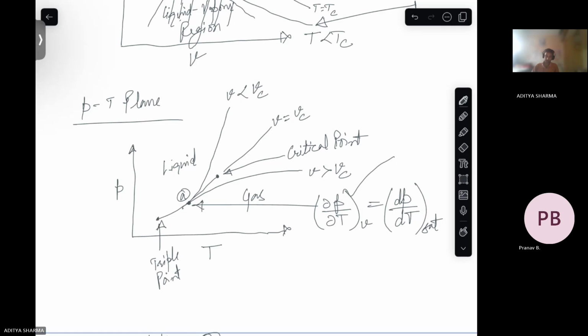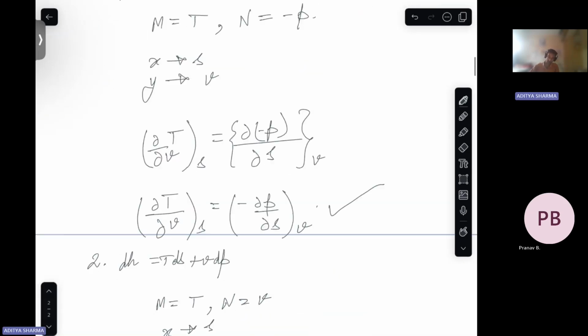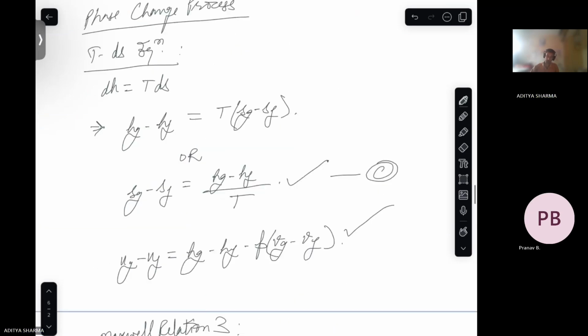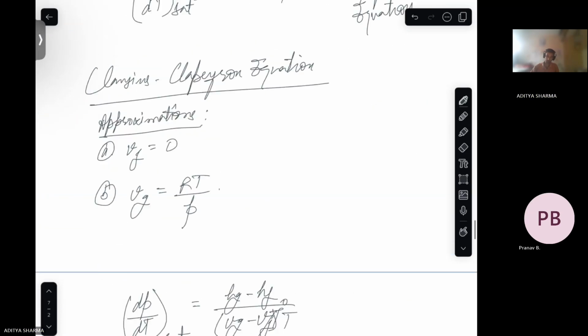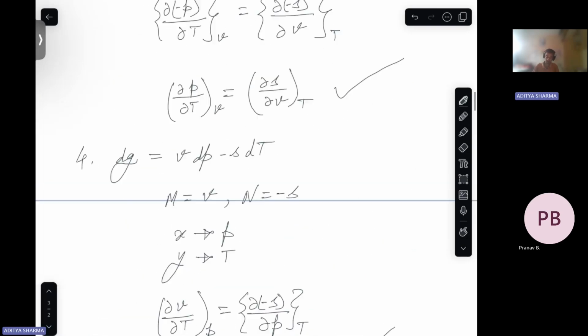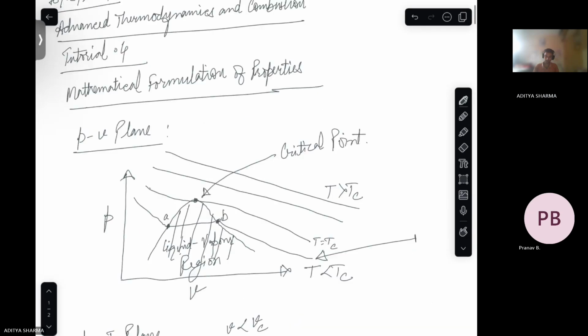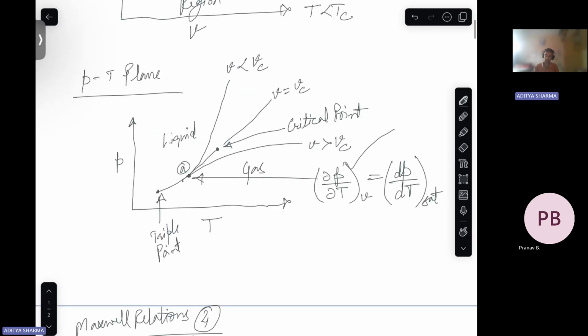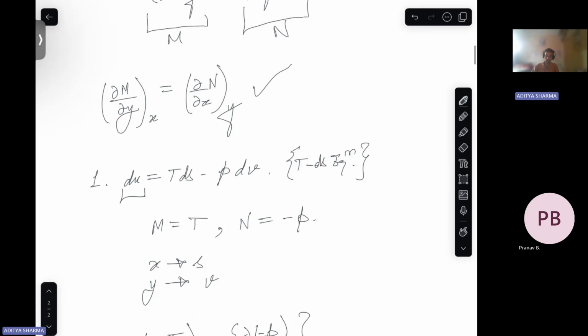And this is your Clapeyron equation. And the slope is d by dT of P, right? That is the slope of this line on the PT plane, right? So we have mentioned that its slope is d by dT of P saturated.